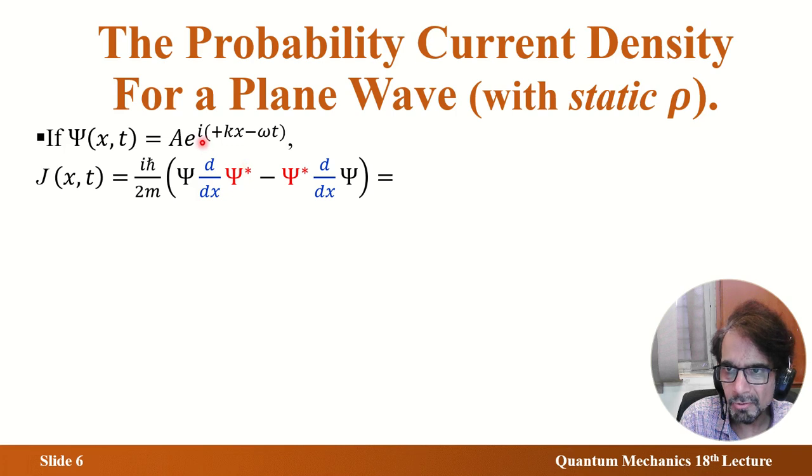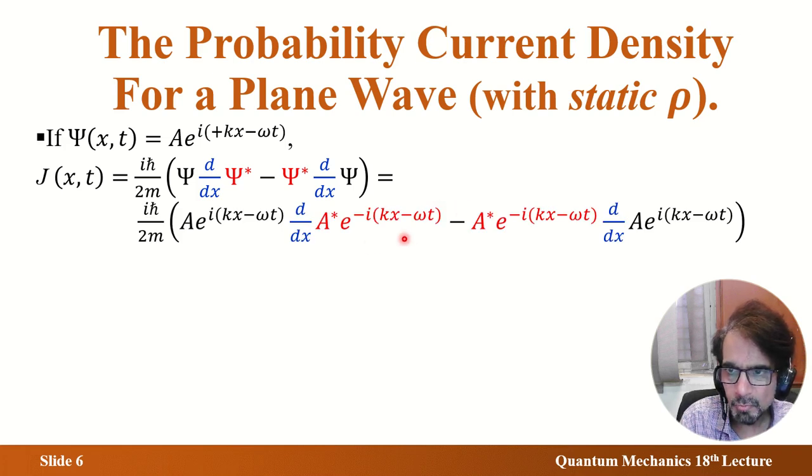You just combine these two pieces of information, and that means the mathematical calculation: in place of psi in the expression for probability current you substitute the plane wave, and when it is psi star, you just first take the complex conjugate. These things are real, so the complex conjugate will be iota replaced with minus iota, and do the calculation, which should be straightforward. Psi here, d by dx here, psi star as I explained is just minus iota, otherwise same.